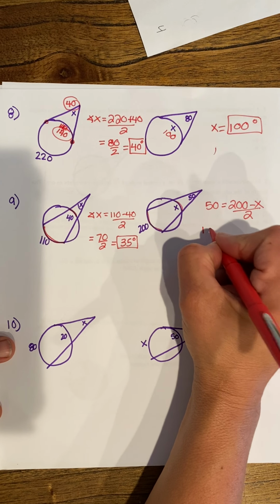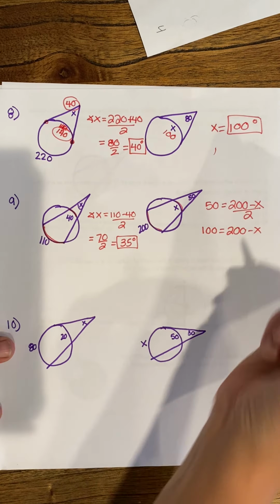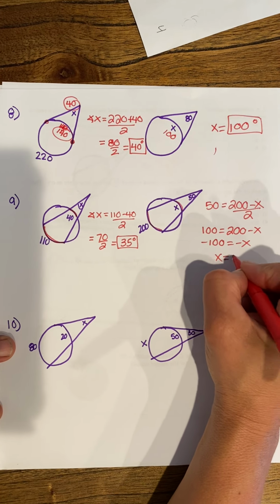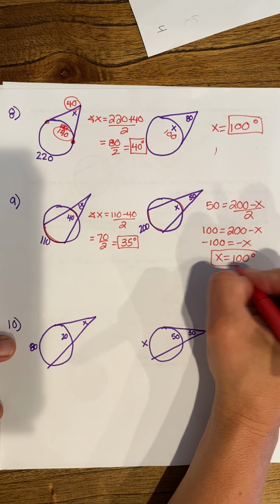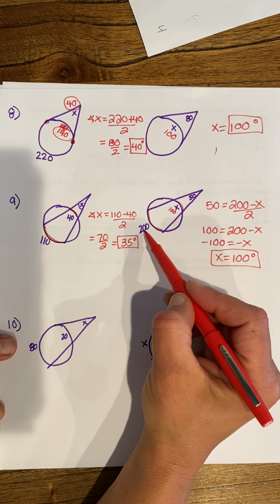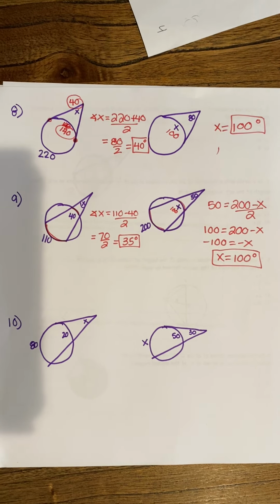So if you cross multiply here, you get 100 equals 200 minus X, and if you go to solve here, you get negative 100 equals negative X, so X is 100 degrees. Okay, so that would have to be 100. Quick check, 200 minus 100 is 100, divided by 2, you get 50. So you know you're right, okay?